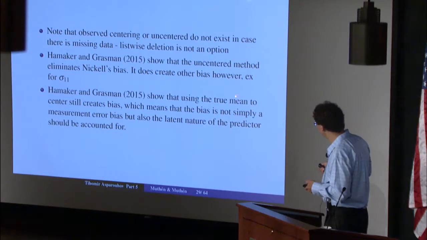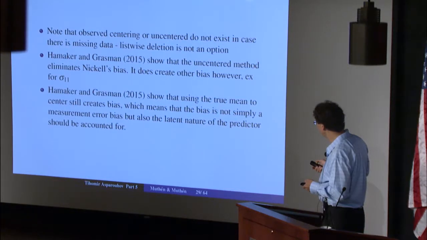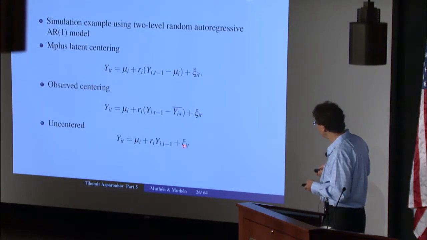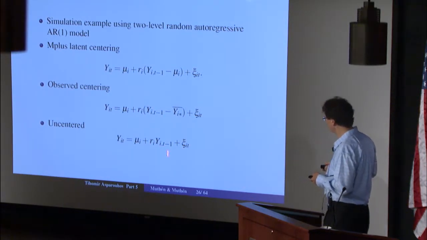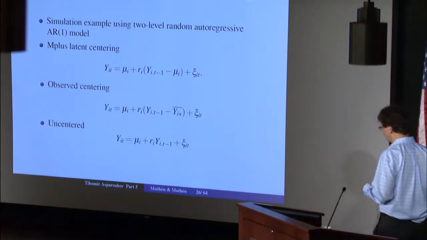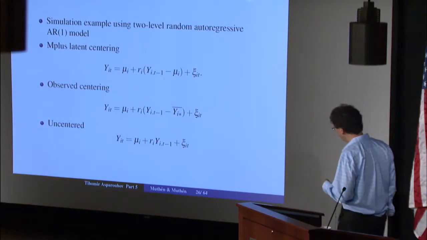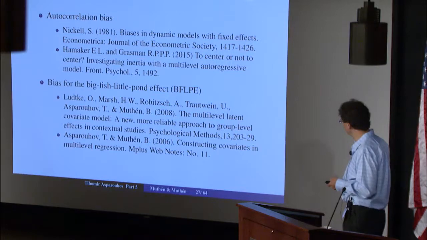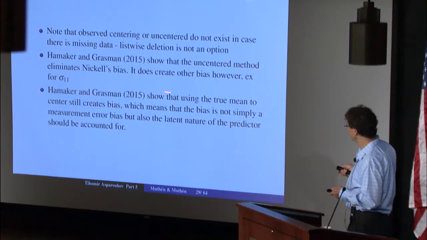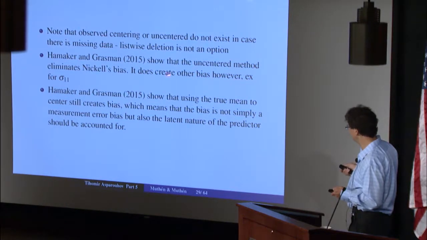Another interesting thing to note is that the uncentered method, pointed out in that paper by Hamaker and Grasman, actually resolved Nickel's bias. The mean of the autoregressive parameter is consistent, so there's no bias using the uncentered method. However, the uncentered method yields biases in other parameters.